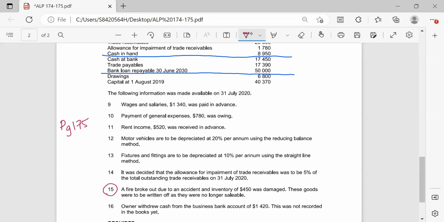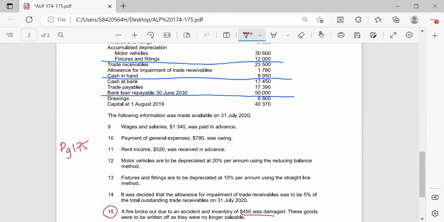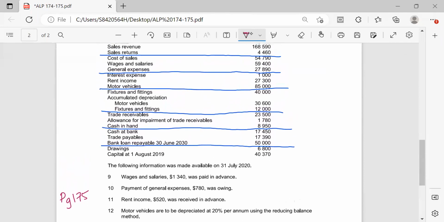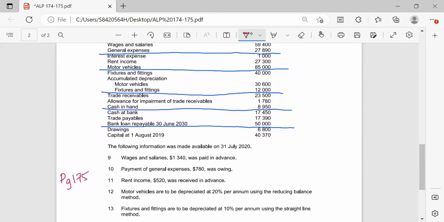So 175, there's a fire that broke out, an accident, and inventory 450 is damaged. So this one just go to inventory and minus 450. And that is your impairment loss on inventory. So inventory is the first account, minus 450 from here, and create a new account called impairment loss on inventory as well.